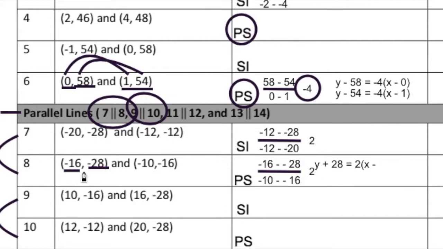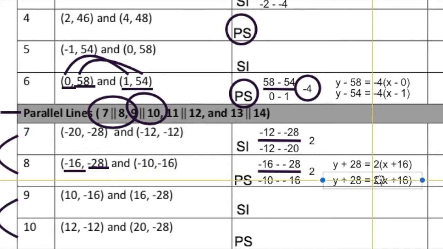In this case, it's negative 16, so that turns into x plus 16. I won't count it wrong if you write down x minus a negative 16, but just know that that does turn into positive. Okay, you do not need to write both of the equations here.